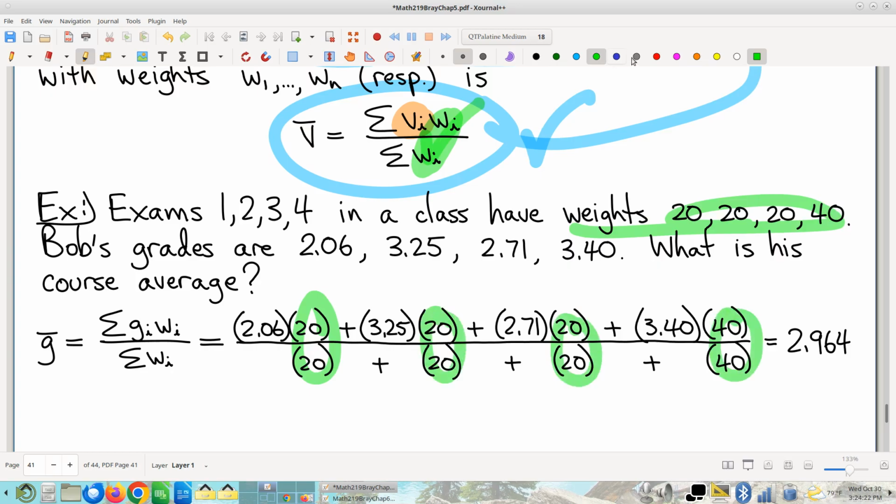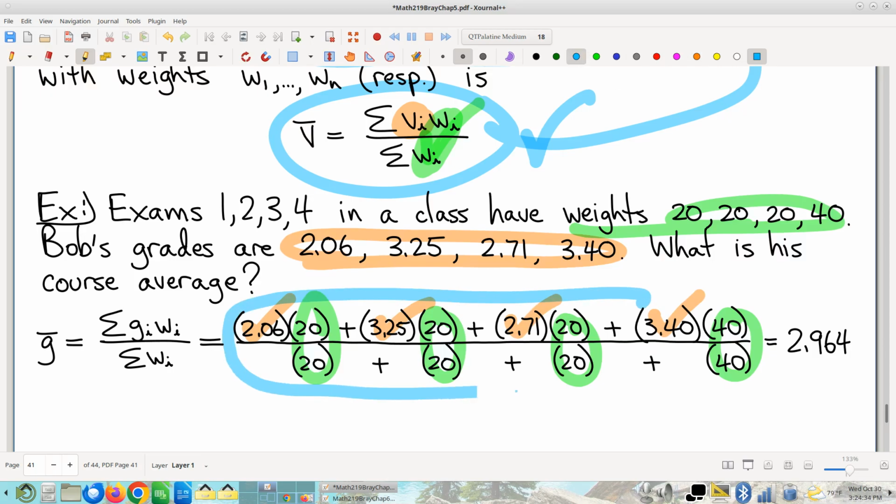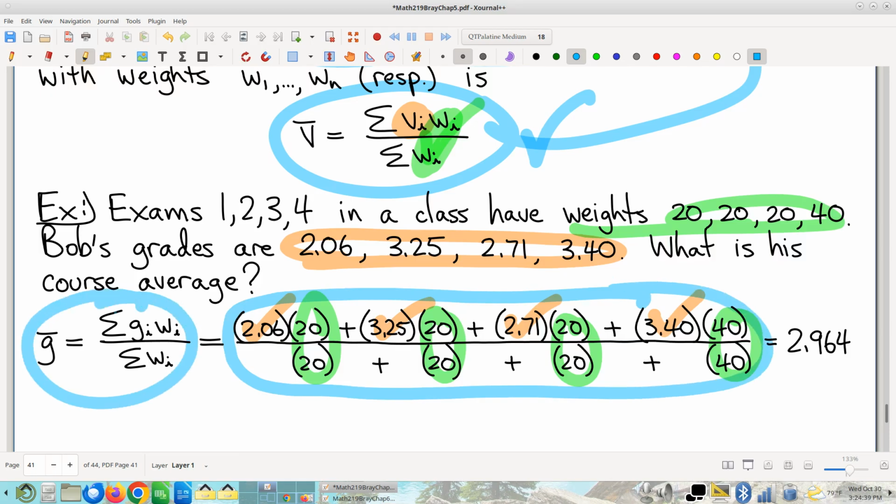Oh my gosh, wrong color, sorry. And the grades that we're averaging, again following the formula above, and Bob's weighted average is computed by this arithmetic. The weighted average per that formula turns out to be this.